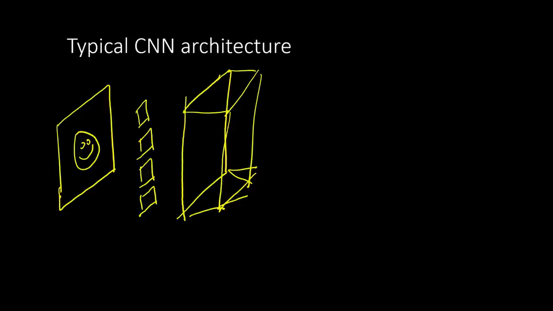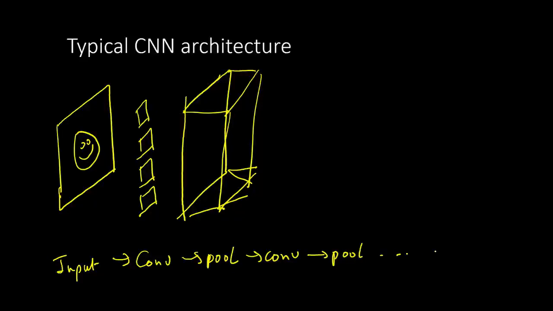Then you will have another set of convolution layer. Sorry, after this you will have a pooling layer. So usually you will have input, conv, pool, conv, pool, etc. So several conv pools together, and then you will get a very small feature map.